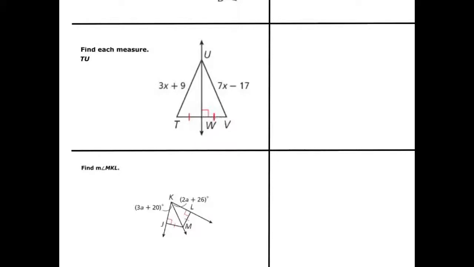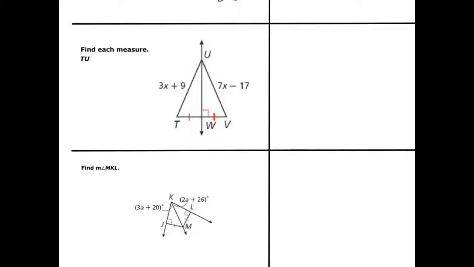I see that these two segments are congruent, and these two segments being congruent plus the right angle shows me that this is a perpendicular bisector. Now, what I know about a perpendicular bisector is that it creates a situation of an isosceles triangle where the point here on the bisector is equidistant from T as it is to V.